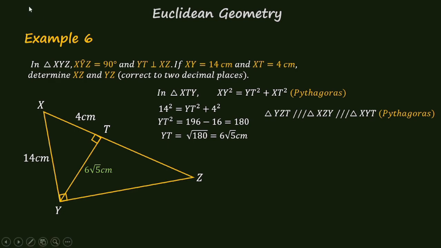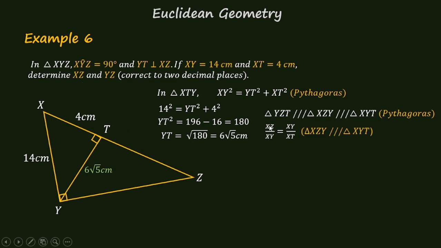So now we can answer this question, XZ, by simply picking any two triangles that are similar here, that have enough information that we can work with. If you look at these two triangles, they can give us what we want. Remember, we are looking for the length of XZ.